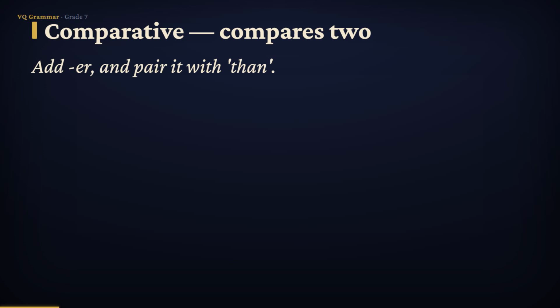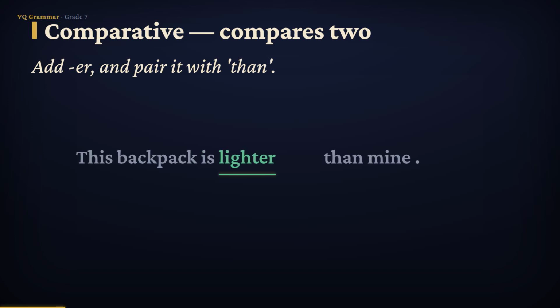Let's start with the comparative form, the one that compares two things. Look at this sentence. This backpack is lighter than mine. We're weighing two backpacks against each other, so we use the comparative. For most short adjectives, you build the comparative by adding the ending -er. Tall becomes taller.